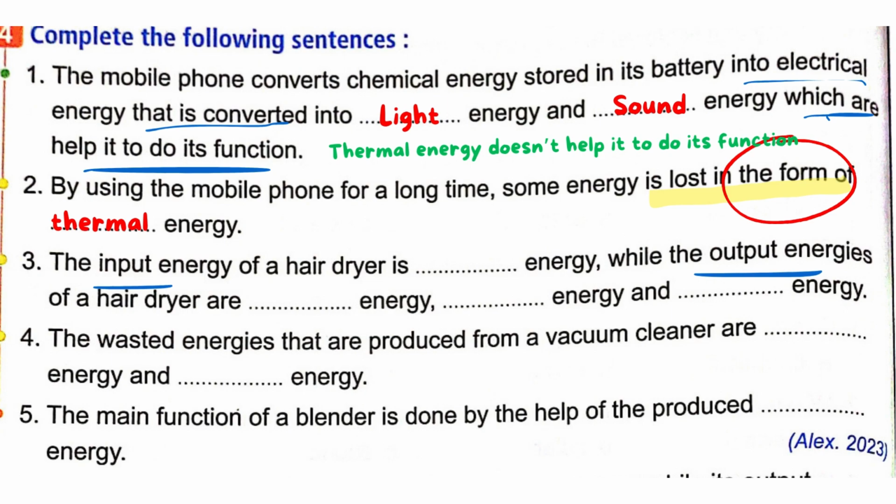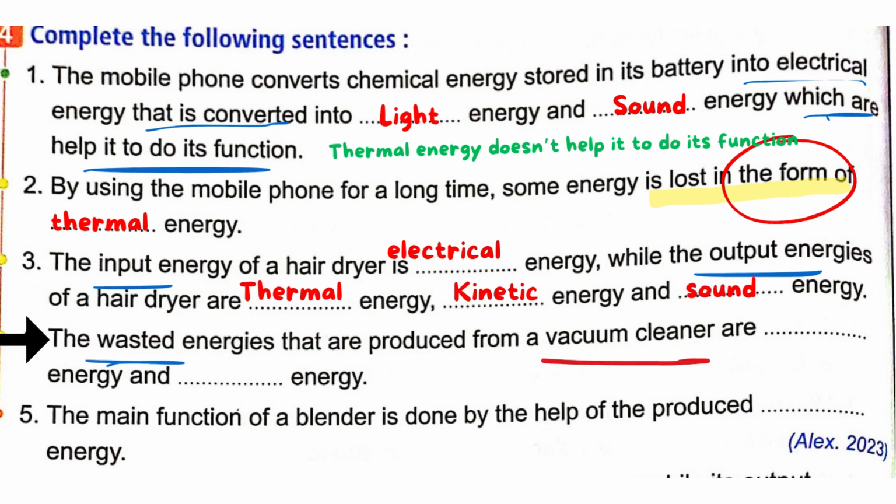We know kinetic energy, thermal energy, and sound energy. Yes, by the way, sound energy is the wasted energy here in the hair dryer, as the hair dryer doesn't need sound to do its job. Okay, so here we will move to the other question.